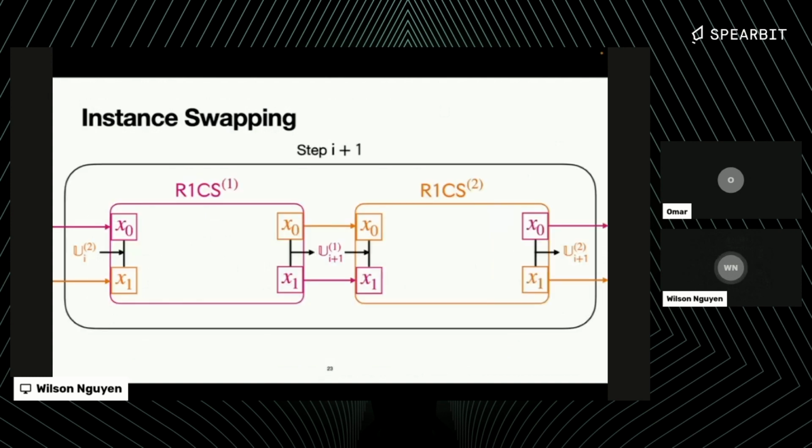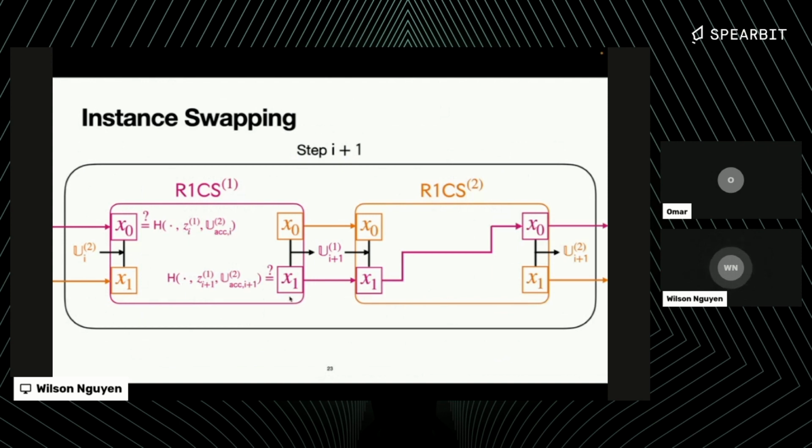So what does this copy constraint do? I've labeled in orange anything related to the secondary constraint system, and I've labeled in purple all the things related to the primary constraint system. In the primary constraint system, we do hash checks on the inputs and we do hash checks on the outputs.